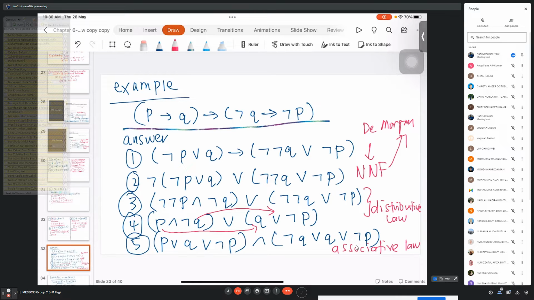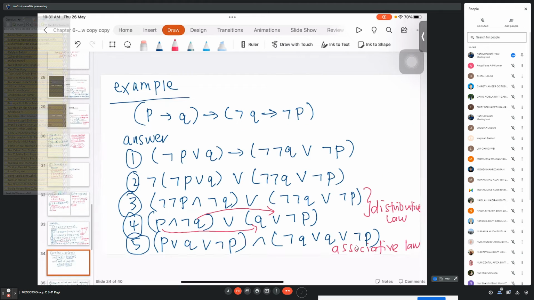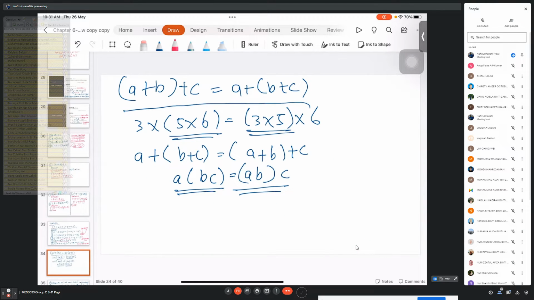NNF is a subset of De Morgan law, and then we have associative law, and then finally we get P or Q or negate P, and negate Q or Q or negate P because we have the associative law. Okay, same here, associative law.